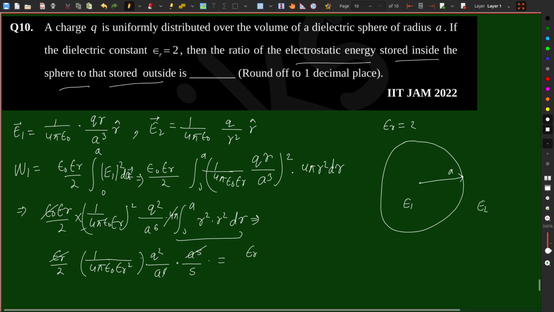One epsilon r will cancel out, so this will be 1 over 4 pi epsilon naught epsilon r, Q square over a.